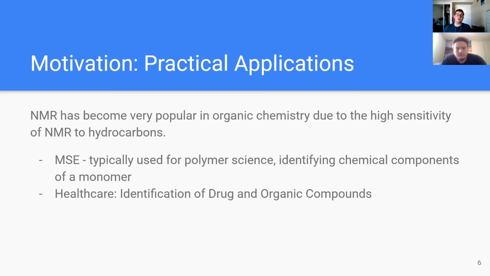And in the healthcare field, in addition to being used for MRI, if you find a new organic compound or a new drug, for it to actually be identified and classified, you need to have an NMR scan done and submitted for it to be officially recognized. So that's another way that NMR is useful.